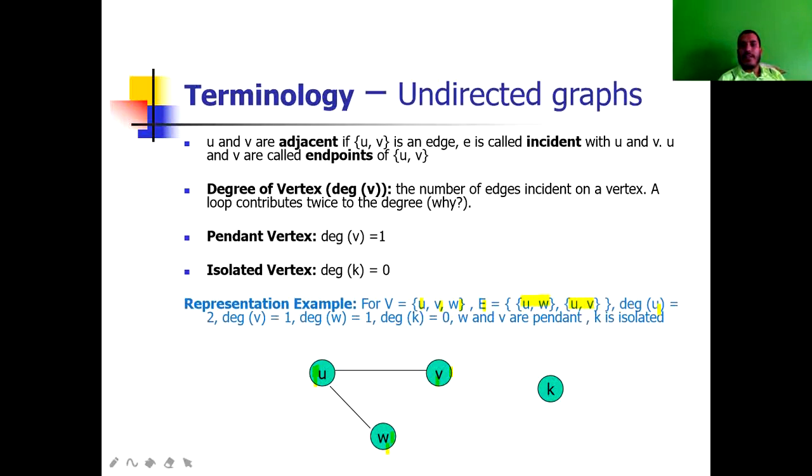Only 2 edges. Then the degree of U is 2, the degree of V is 1, the degree of W is 1, and the degree of K is 0. W and V are pendant, and K is isolated.